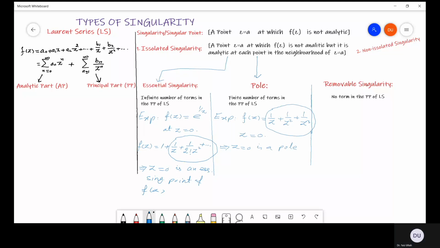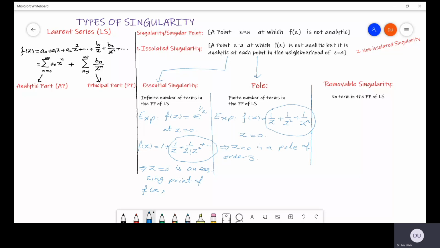But this is called a pole of order 3. Now here you have to keep this in mind that even if we don't have 1 over z and if we don't have 1 over z square, if we have only 1 over z cube, still we will say that z is equal to 0 is a pole of order 3. So always take order from the power of z.